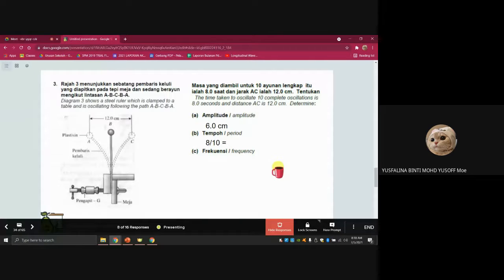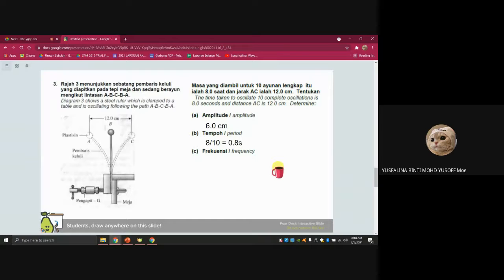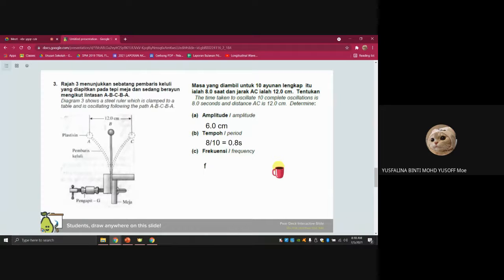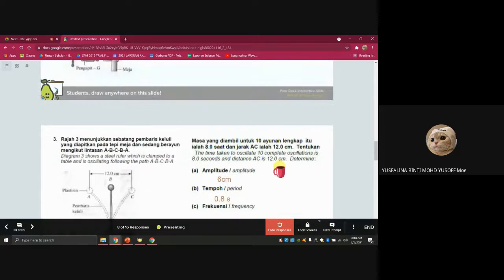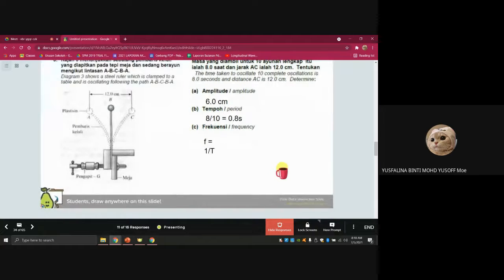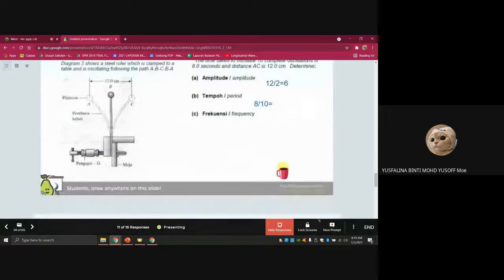The period is 8 over 10. One over T, 12 divided by 2, 6 cm, 8.